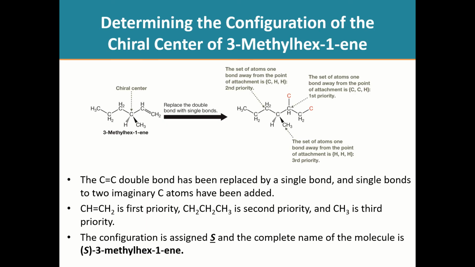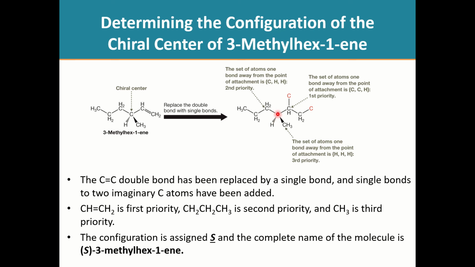So let's take our molecule. This is right here. We have a stereocenter. And now we replace those double bonds with what we've shown. And since there's 2 carbons in between, we just add carbons. And that's what we see. 2 carbons. Now we start to prioritize, just like we normally have.